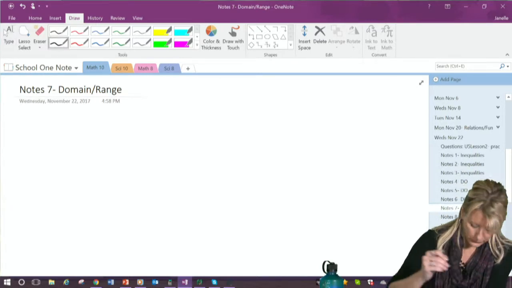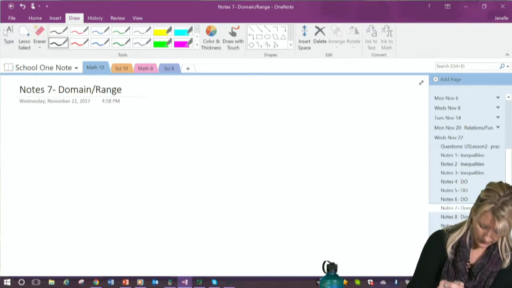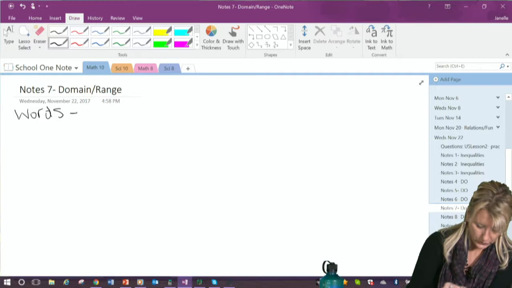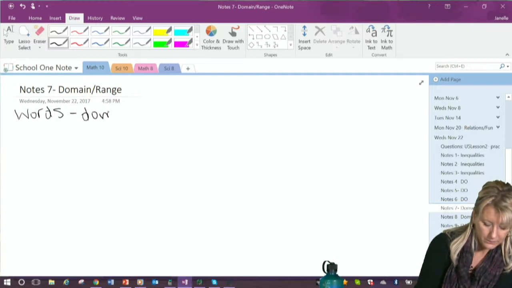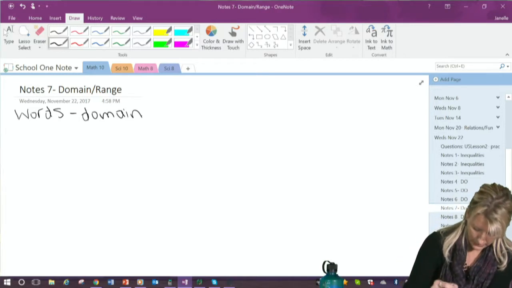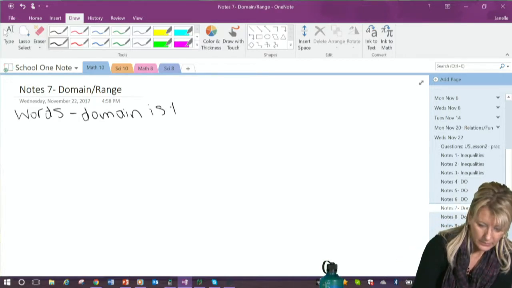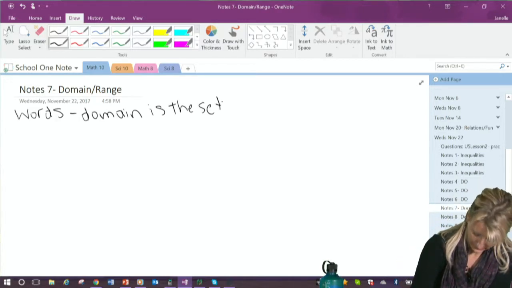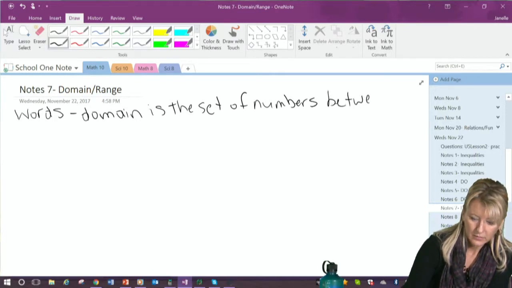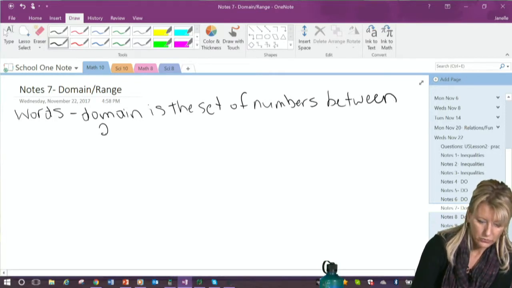There are a few different ways that you can show domain and range. You can show it in words. So you can say the domain is the set of numbers between 2 and 7.